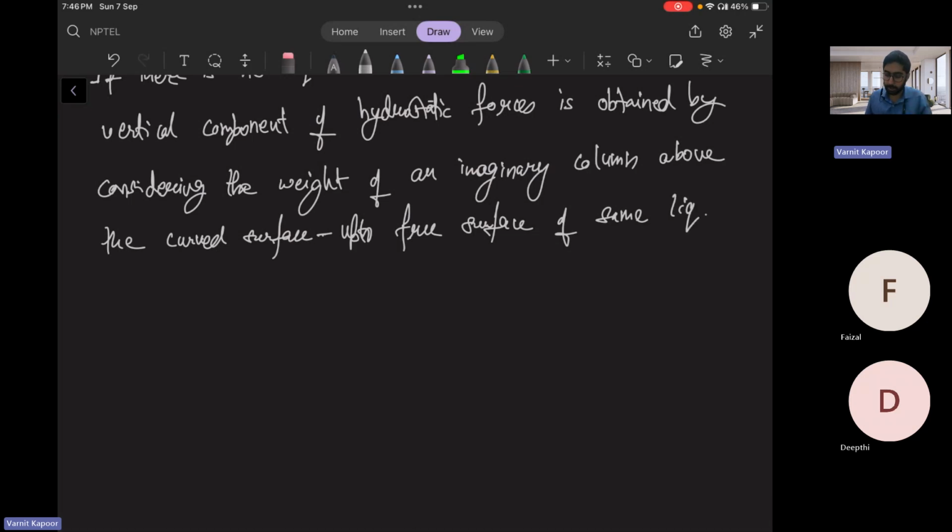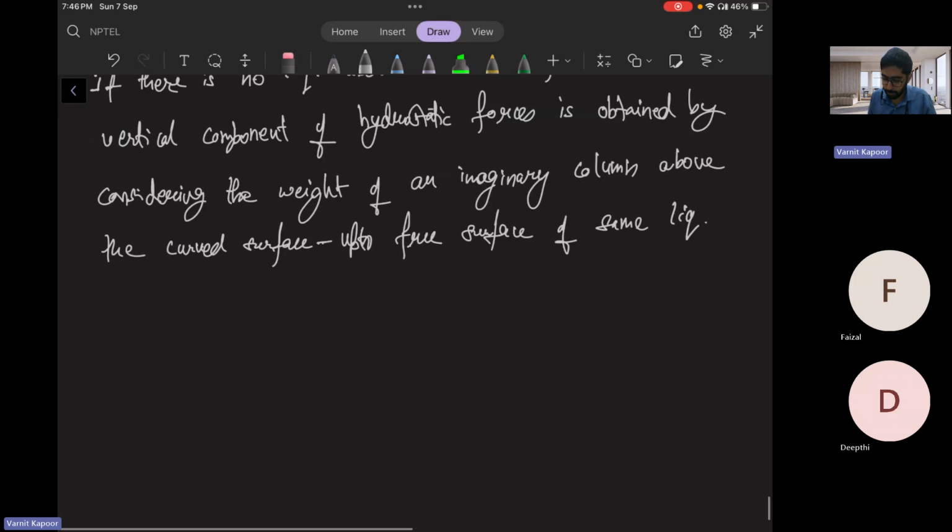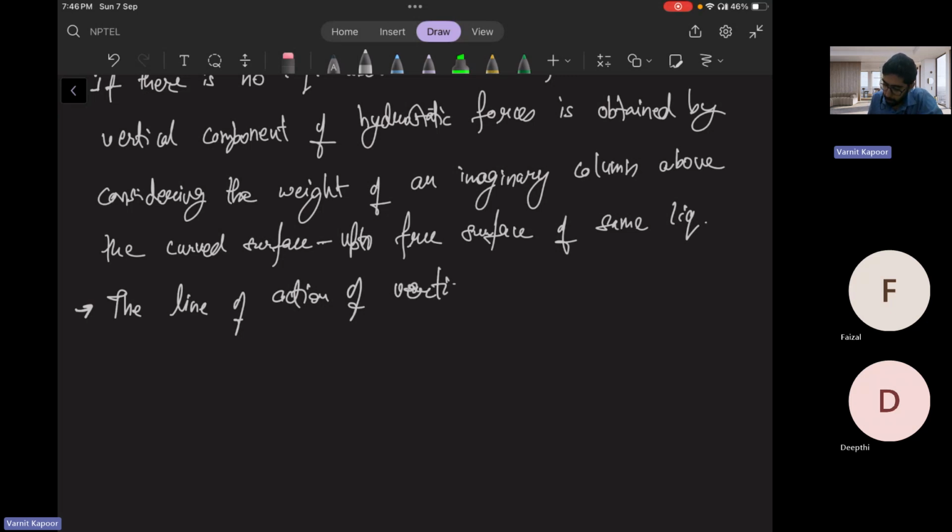Okay, and the line of action of the vertical component is at the CG of an imaginary column, in the opposite direction.